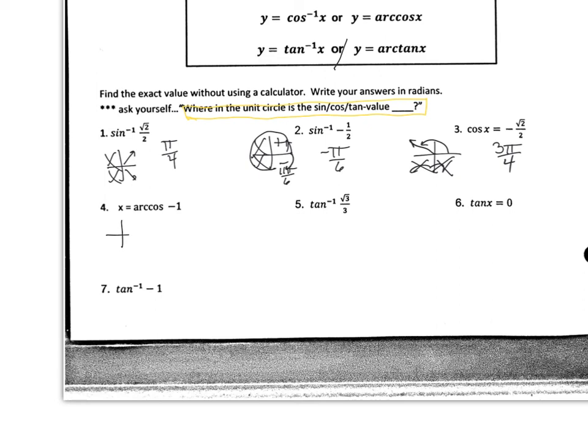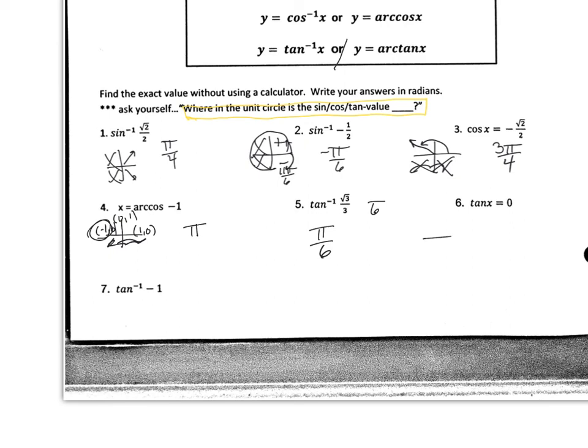Well, if you think about your quadrantals, cosine is allowed to be here, it's allowed to be here, and it's allowed to be over here. So we're not allowed here or here. So the cosine is -1 right there, which is pi. Or does the tangent equal radical 3 over 3? Now, when there's two 3's, you know there's a 6 in the denominator of your radian measure. So this would just be pi over 6 because it's positive, so it's easy.